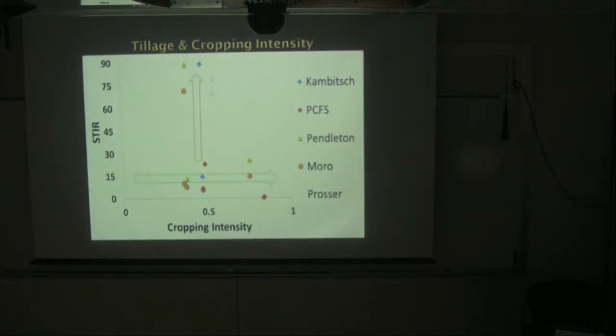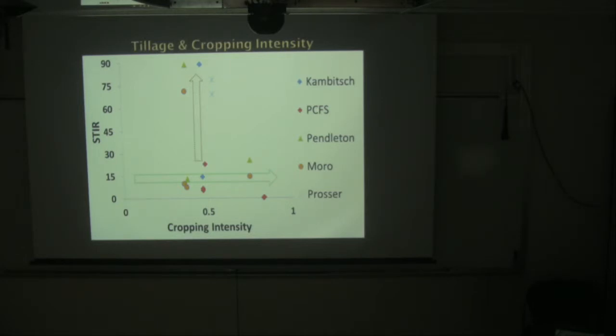So in doing that, this is a representation of the result by site. You can see here the upper group, higher STIR rating. These are the rotations that are considered conventionally tilled. In the lower group here on the bottom with the green arrow, these are the cropping intensifications.